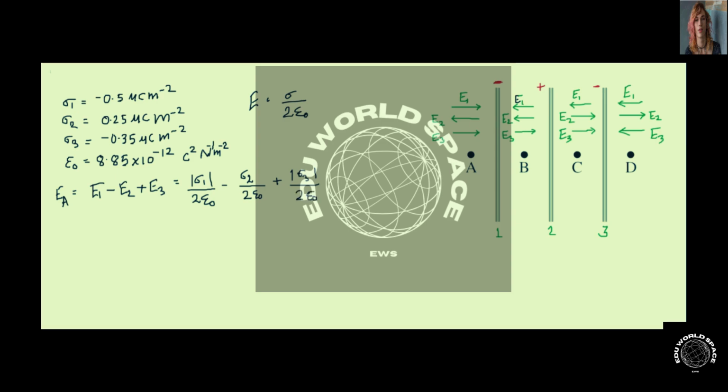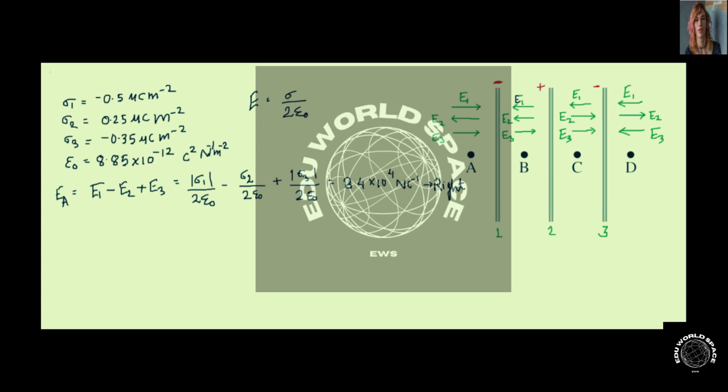Now if you plug these values in here, this gives me 3.4 into 10 to the power 4 Newton per coulomb. Since this comes out to be positive, it means it is along right. The direction of the net electric field is towards the right.